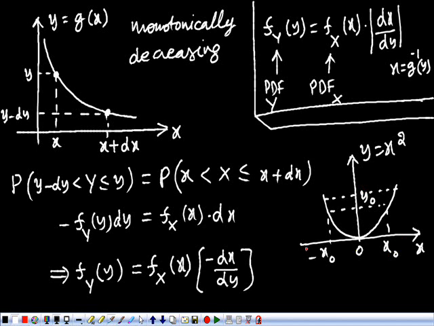If y is varying between two different values y and y plus dy, x is varying between x1 and x1 plus dx1, and here x2 and x2 minus dx.